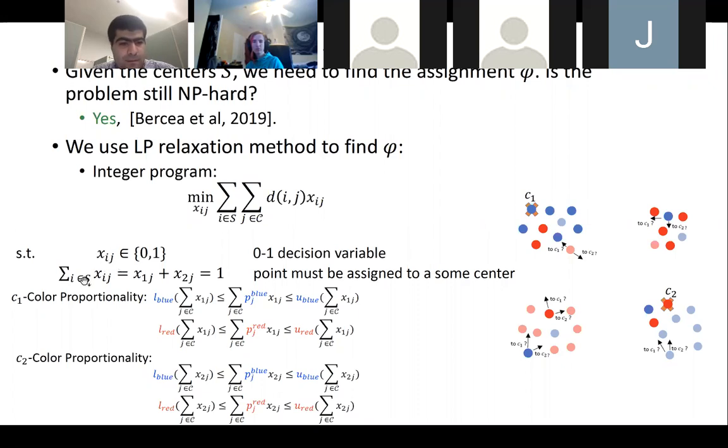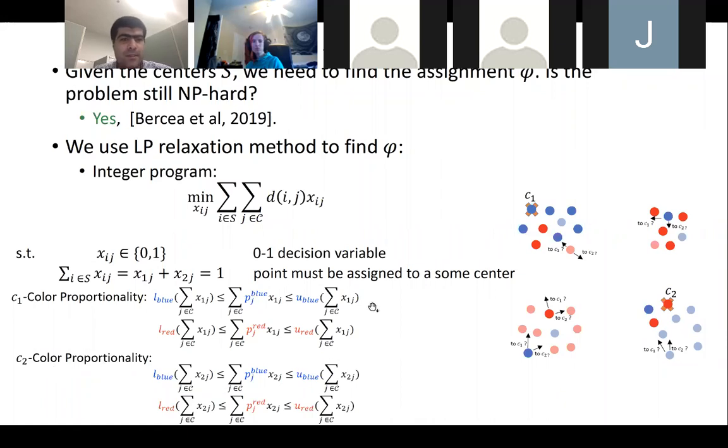Here we have the objective, which is simply the clustering cost. In this constraint, we're saying that the sum of x_ij over all the centers, over all i, should equal 1. This simply amounts to saying that the points should be assigned to a cluster. Then here we have the color proportionality constraints for cluster C1, and for cluster C2.